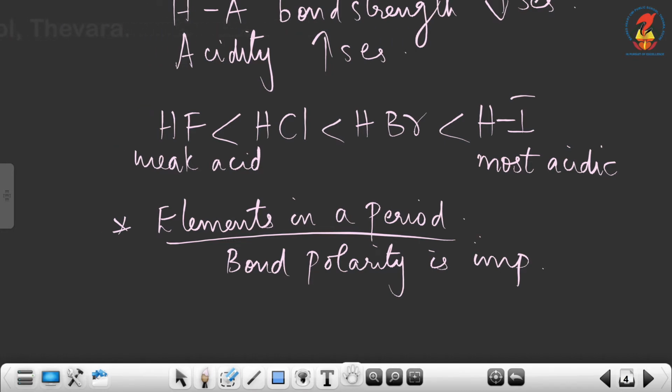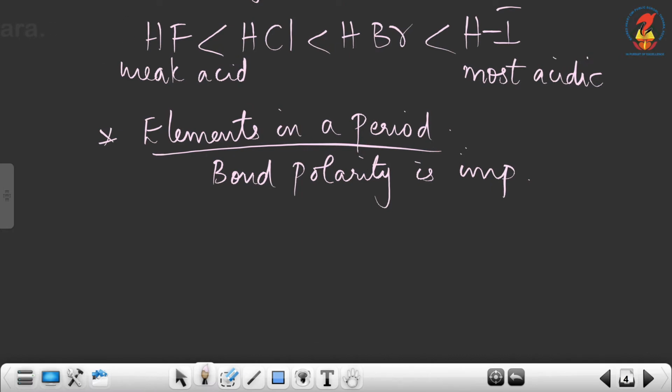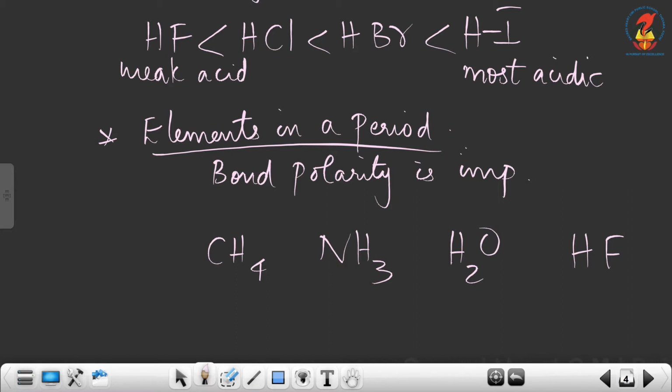For example, if you take the molecules methane, ammonia, water and HF, the central atom in methane is carbon, here nitrogen, then oxygen, and here we have fluorine.